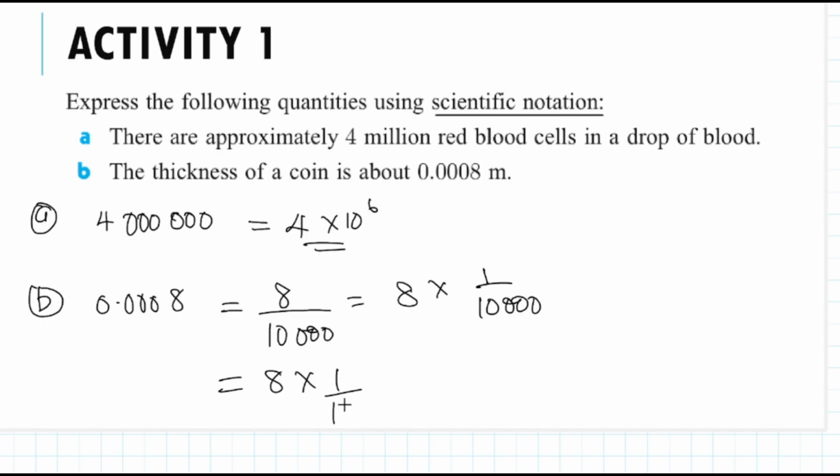So that would be 1 over 10 raised to power 4, which, if you apply the negative index law, would be 8 times 10 raised to power minus 4.